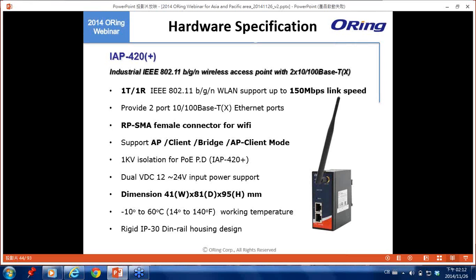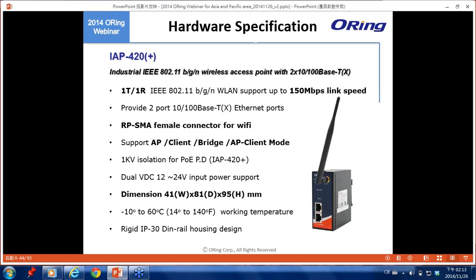Okay, for IAP 420 Plus, this is a really compact size access point with one Wi-Fi module of 802.11 BGN and two Ethernet ports. This model also has PoE, so one of the ports supports the PoE PD.